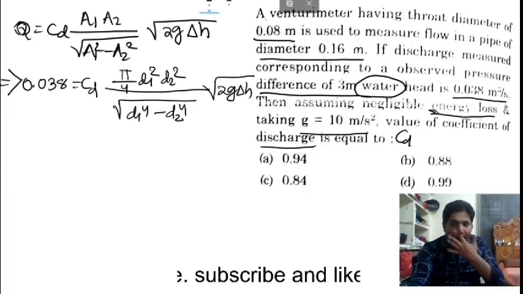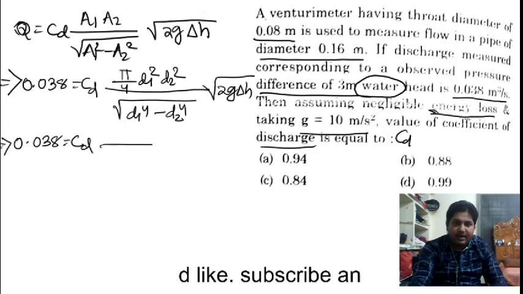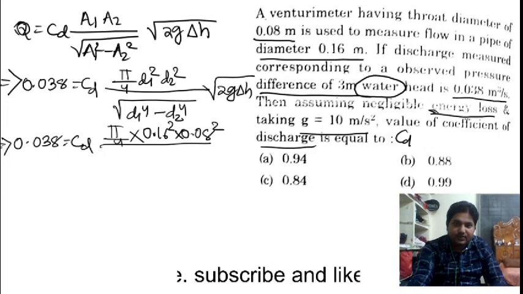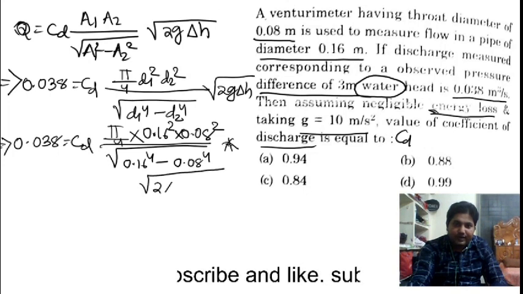Now 0.038 equals CD into pi by 4, into d1 square, which is 0.16 square, and the throat diameter square, 0.08 square, divided by the square root of 0.16 to the power 4 minus 0.08 to the power 4, into root over 2 into g, which is 10, into delta h, which is 3 meter.